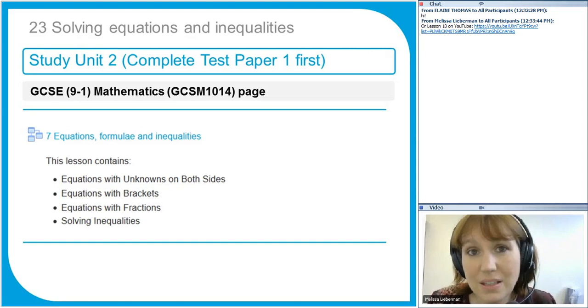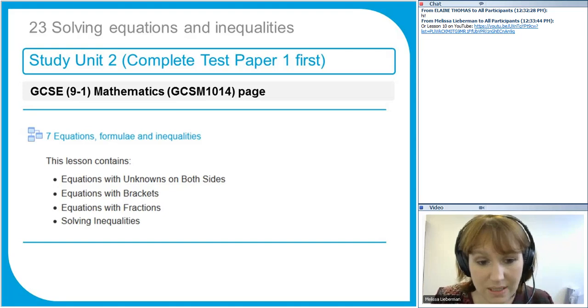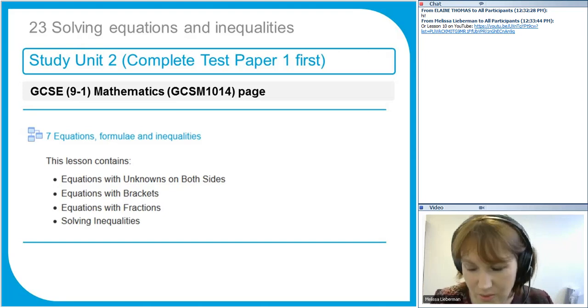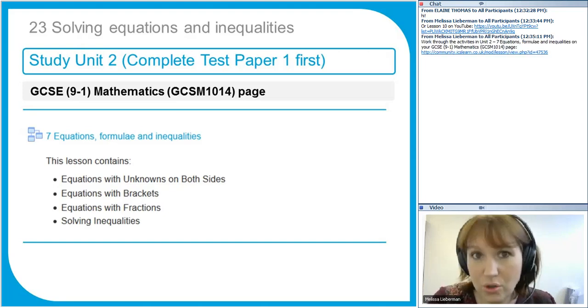It only assesses you on the topics in the first study unit, so most people should be able to do it. You might even be able to do it straight away before you've even worked through unit 1, so have a look at that if you can. And once you've done test paper 1 and you want to try these exercises, there's objectives and little boxes that you can fill in. Section 7 on equations, formulae and inequalities. It's just in there, so there's a link for you, so that you can just go straight to this section.